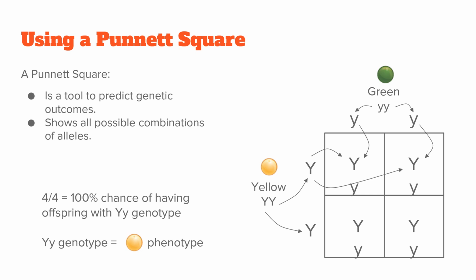For example, if we cross a true breeding yellow seed plant, where both alleles are dominant, big Y, with a true breeding green seed plant, where both alleles are recessive, little y, then all the offspring are heterozygous, big Y. The phenotype is all yellow, but the genotype reveals they are heterozygous. Punnett squares are powerful because they connect meiosis, fertilization, and probability into one diagram.